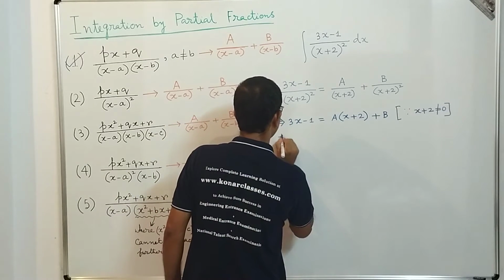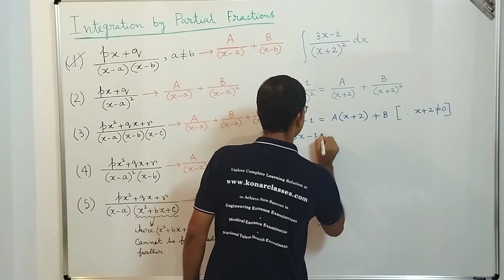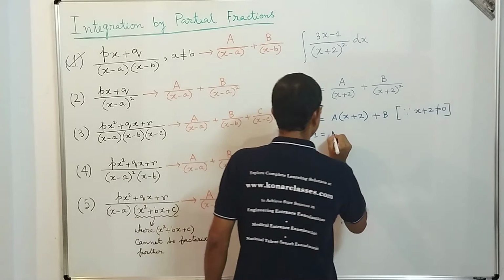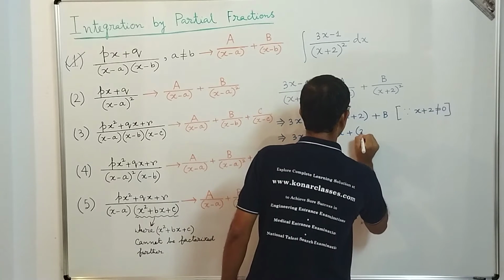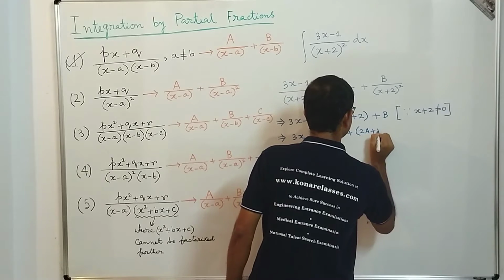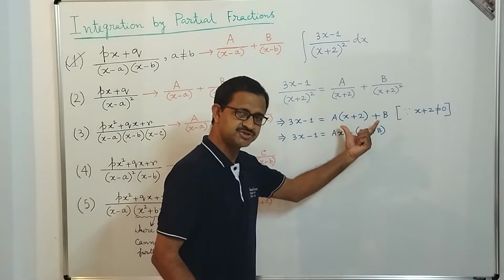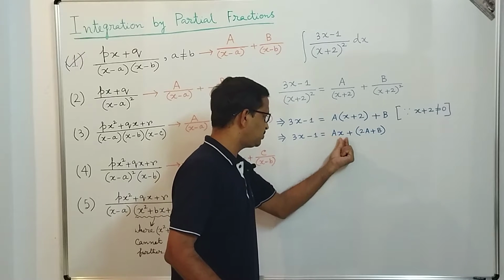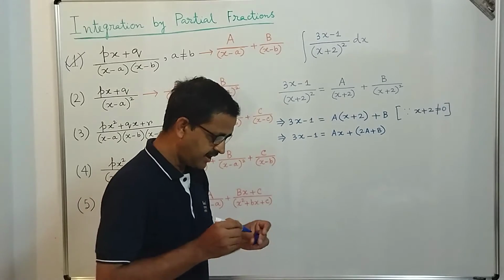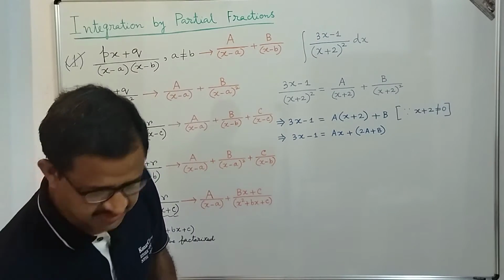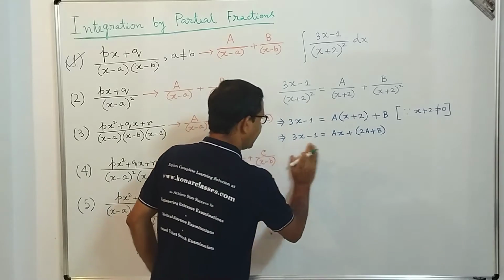There are primarily two ways we can do it. In the left hand side it is 3x minus 1. In the right hand side we can write Ax plus 2A plus B. We expressed the right hand side as x into the coefficient of A plus the constant term. As we discussed in the previous session, this is an identity.